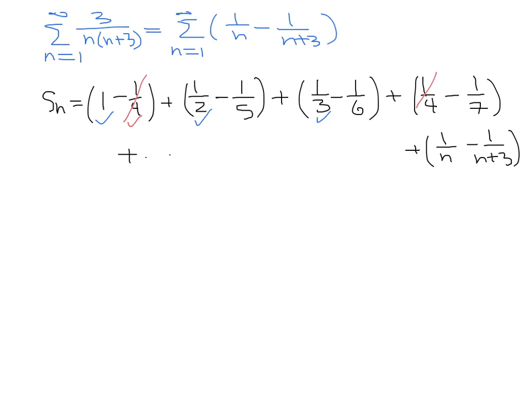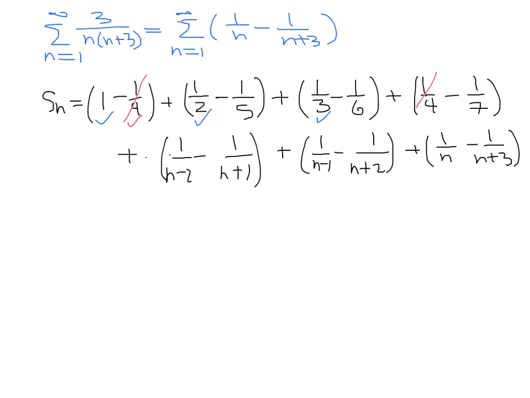The term before that will be 1 over n plus 2 and 1 over n minus 1. And the term before that will be 1 over n plus 1, and then a 1 over n minus 2. And this term and this term will not cancel, but the other ones will.